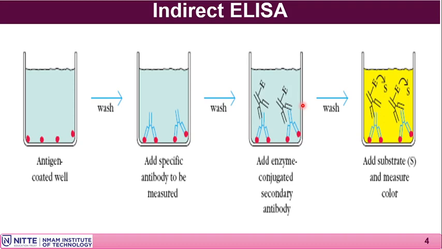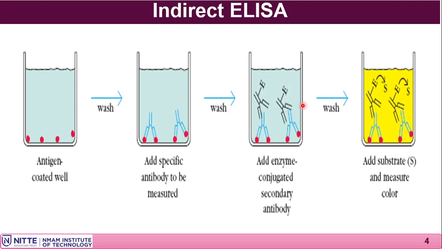The antigen is already immobilized on the surface of the inert container, and then to that you add the patient's serum suspected to be containing antibody against that antigen.